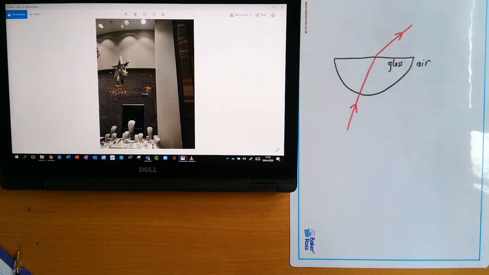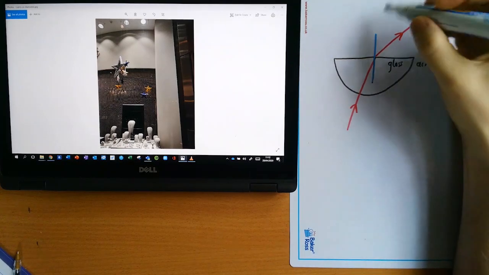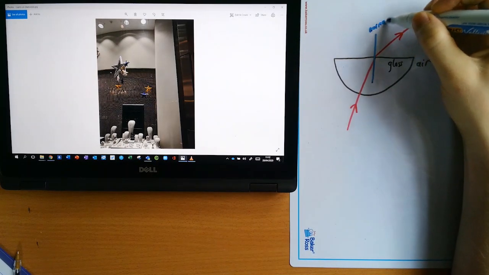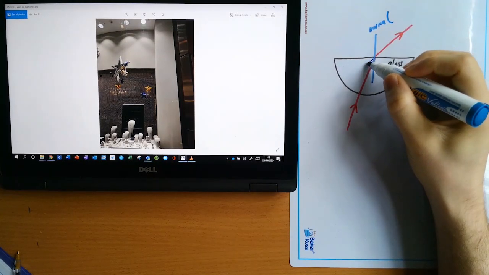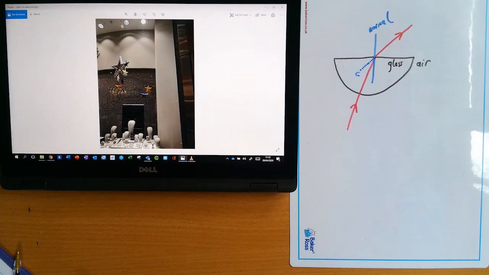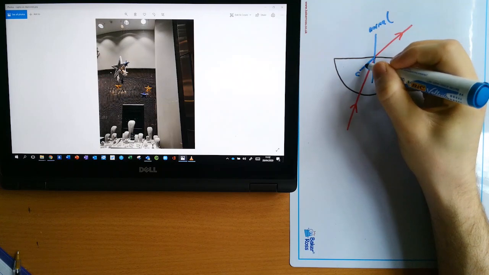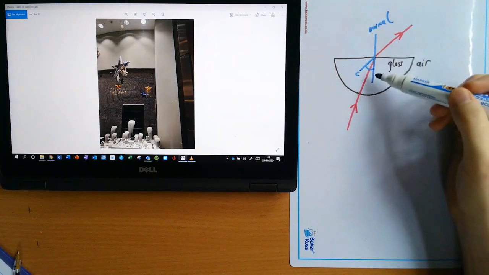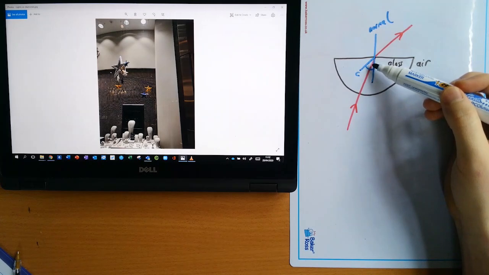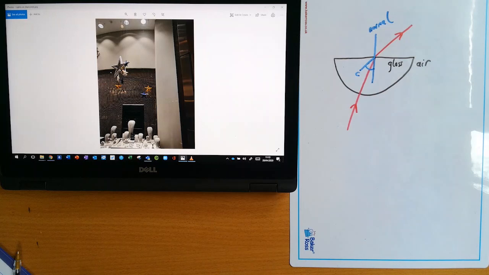But what you've got is, if you have a normal here and we draw on the critical angle of this material there, what that critical angle means is that if the angle of incidence from the incident ray is greater than that critical angle, you'll get total internal reflection.